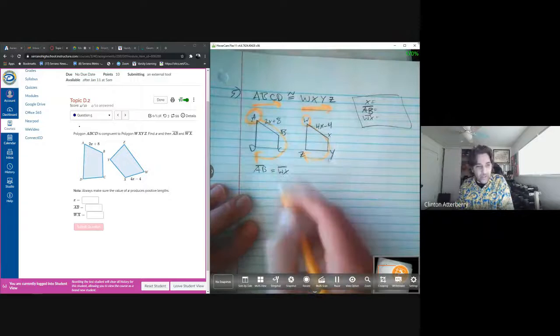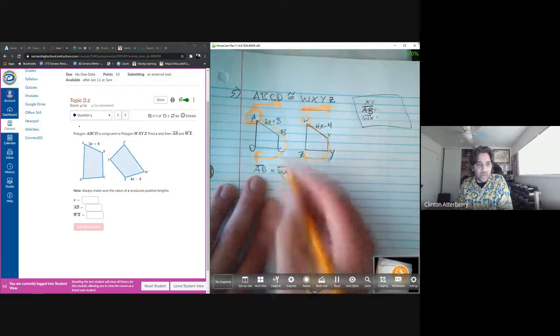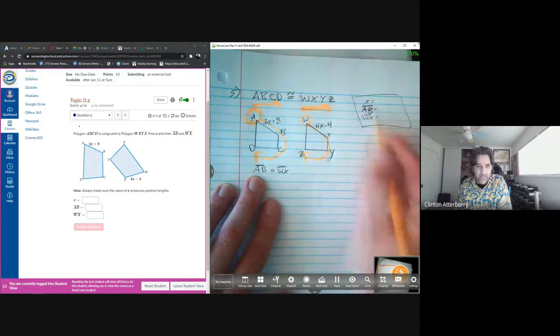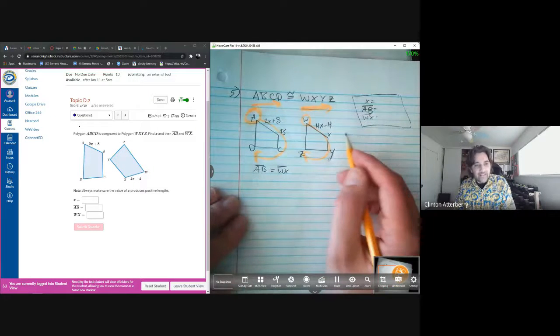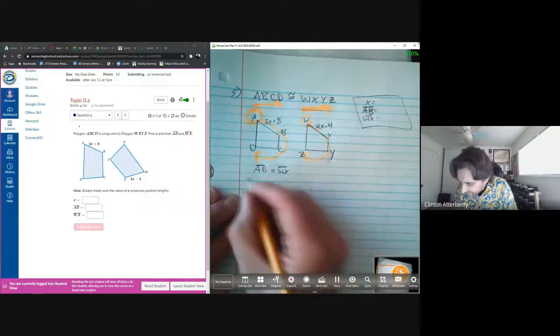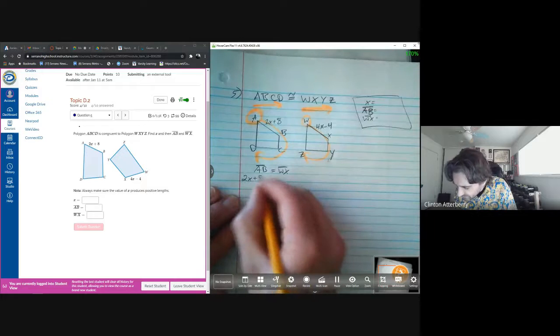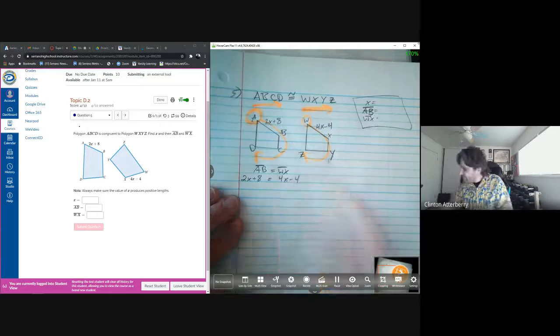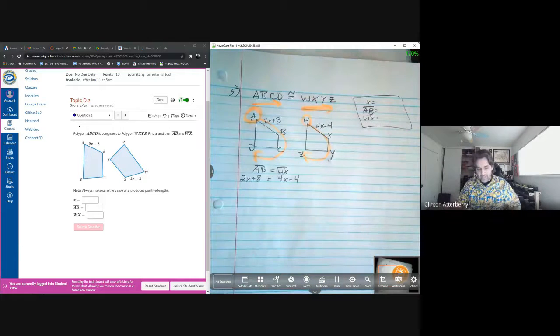What's cool is when I finish this, whatever I get for one length, I don't have to do it twice. It's going to be the same no matter what. All right, so 2x plus 8 is equal to 4x minus 4. That's the equation you were probably looking for, right, Brian?